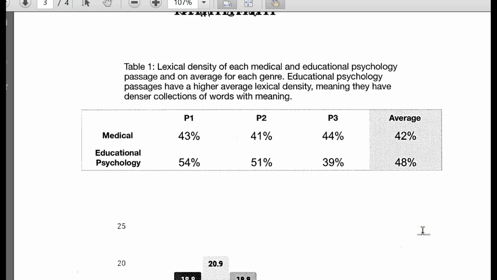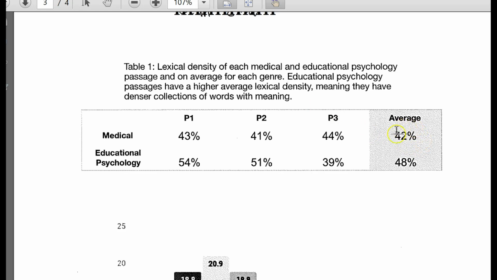Here's another example looking at lexical density, and the caption's pretty good. It's telling me what's in here. It gives a little definition of lexical density. Again, I would expect in the methods section when you get to writing that, and you might want to go ahead and start writing it now as you're doing the results, to see a bigger definition of lexical density and how it was calculated.